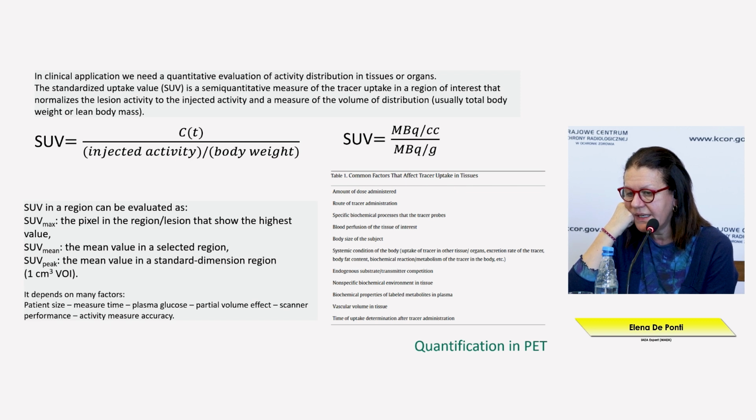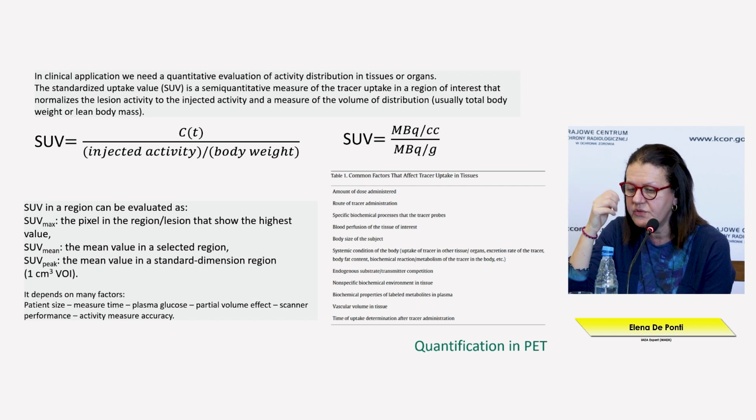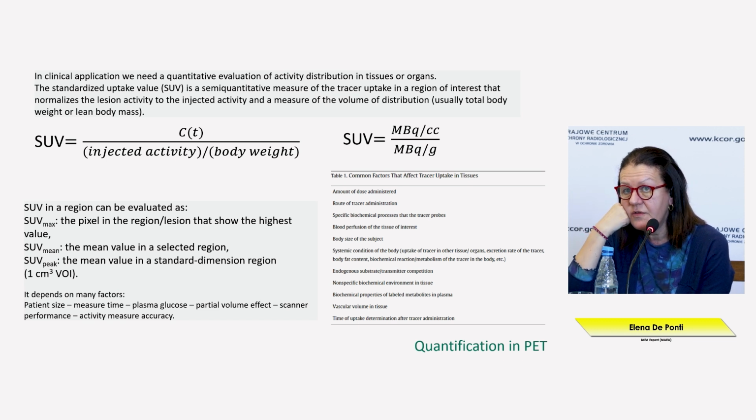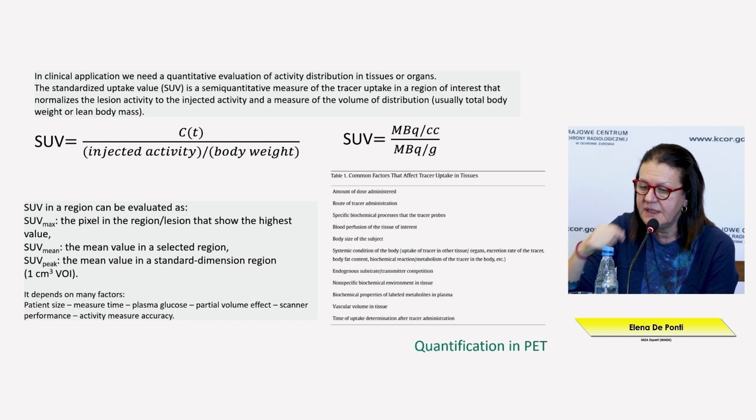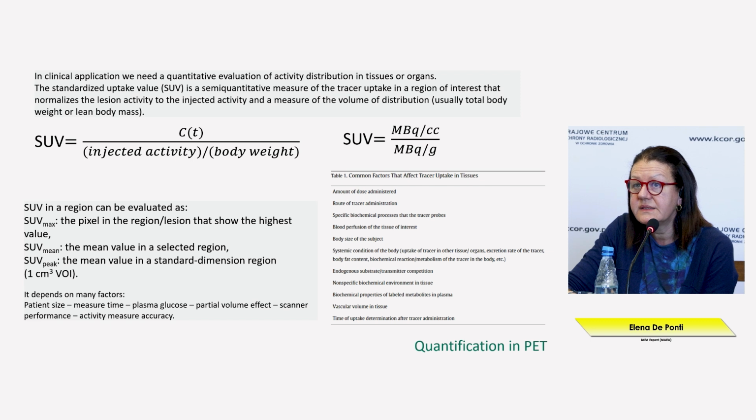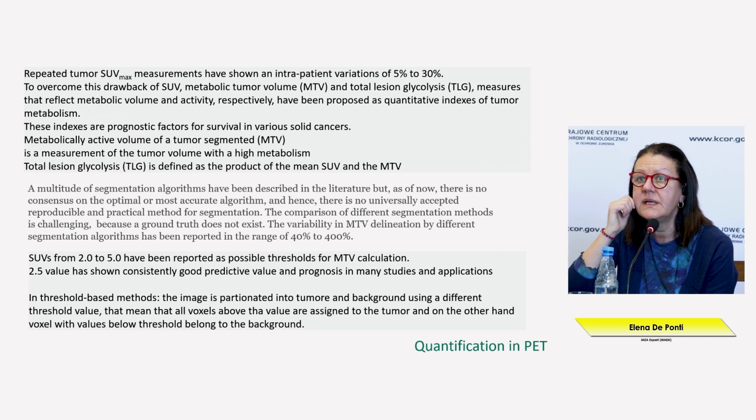We have to remember that SUV is a very variable parameter for quantitative evaluation in PET-CT scanners, as it depends on many factors, some of them related to the patient, for example the patient size, or the level of plasma glucose in the patient, but also some characteristics of the scanner can influence the evaluation of SUV, as well as our ability and accuracy in activity measurements and the measuring time adopted in our center.